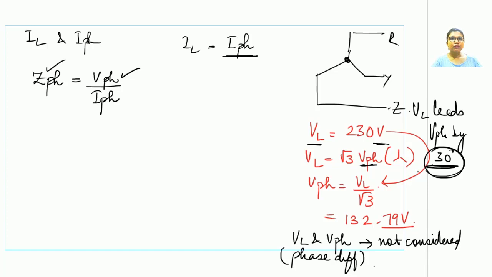Why am I asking you to do this? The reason is that this eases our method of solving the numericals. If we start considering the angle difference between VL and V phase, it will add more complexities while solving the numericals.